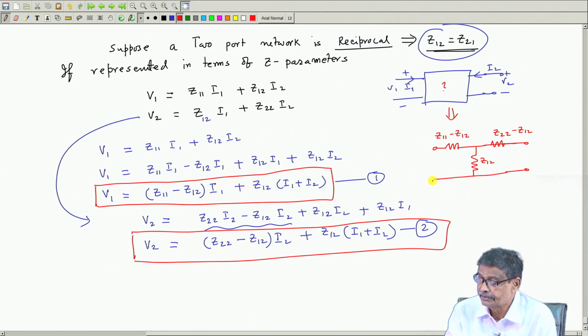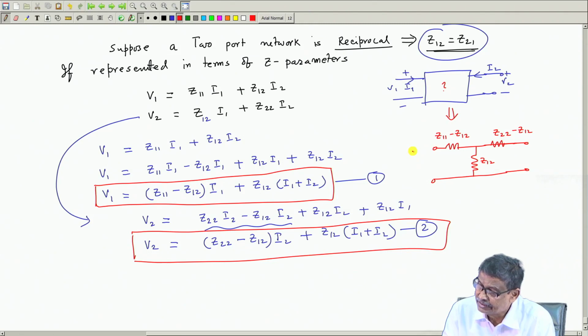These are very interesting results. Earlier it was unknown how these impedances were there, it was a black box. I found out this and also concluded it is a reciprocal network. During the course of the experiment, Z12 came out to be same as Z21. I concluded it is a reciprocal network. If it is, then I am telling manipulate these two equations in this way.